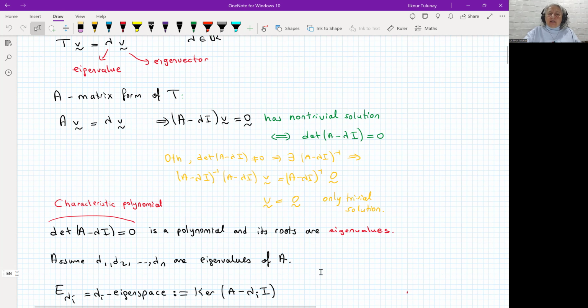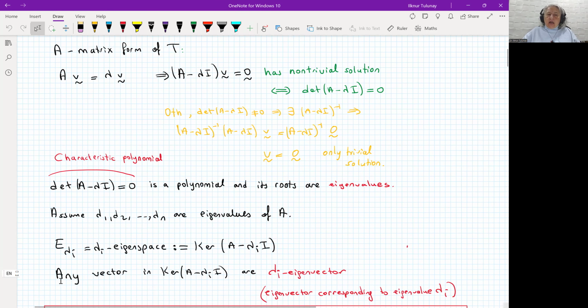So for eigenvalue lambda i, the eigenspace, the vectors corresponding to the eigenvalue lambda i, is the kernel of this linear transformation.